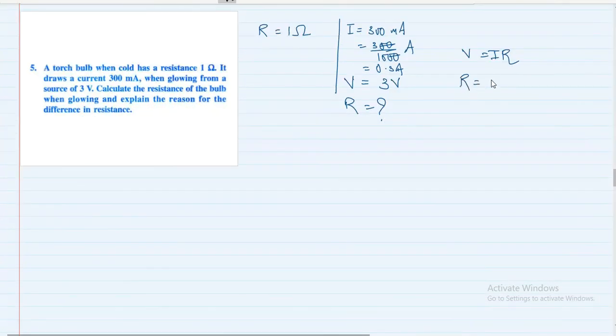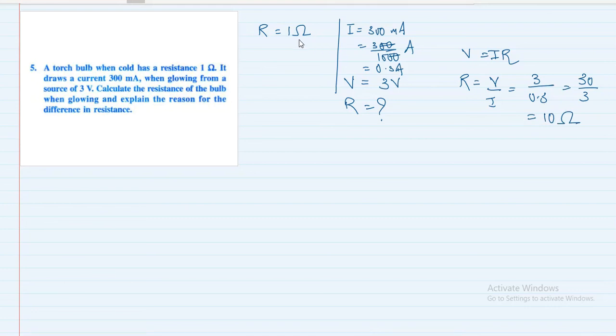First we'll write R is equal to V by I, which is 3 by 0.3, which is 30 by 3, which is 10 ohm. So the resistance was 1 ohm when the wire filament was cold, and when the filament started glowing, its resistance became 10 ohm.